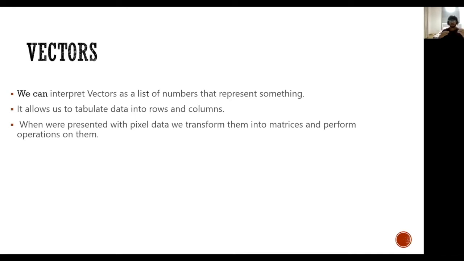The very cool thing is that if you're presented with an image which has pixel data, we can transform those pixels into matrices, and that allows us to perform operations on them. As you learn more about machine learning and artificial intelligence, you'll come across a specific type of neural network, known as a convolutional neural network, which allows you to carry out operations on these images. It's completely all right if you don't know what neural networks are. So that's why we need vectors.